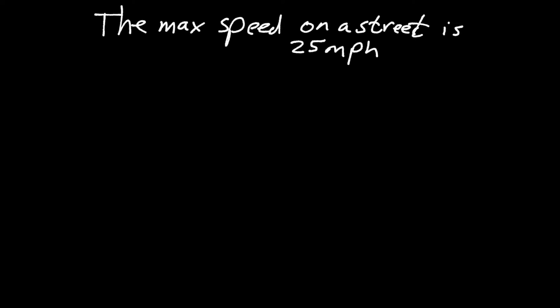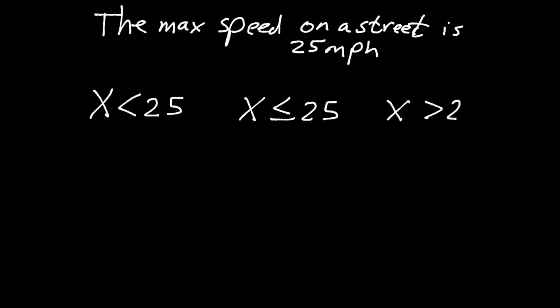So I need to ask myself, is this a case with x, which I'm going to use x for speed, x is less than 25, x is less than or equal to 25, x is greater than 25, or is x greater than or equal to 25? These are our 4 possible options. If we interpret the problem correctly, max speed means that this is the biggest we can possibly go.